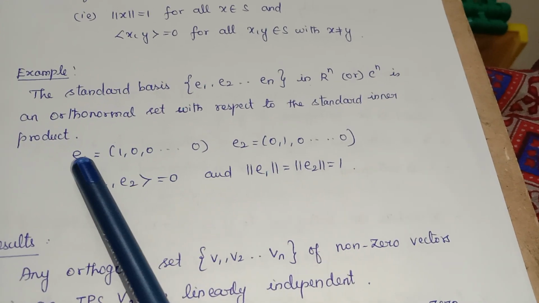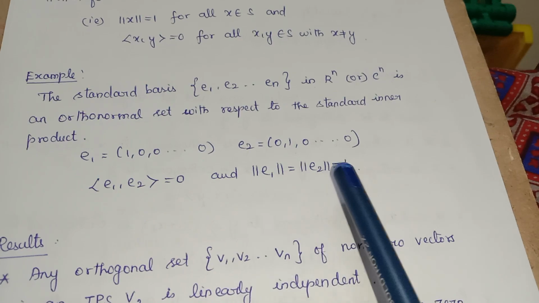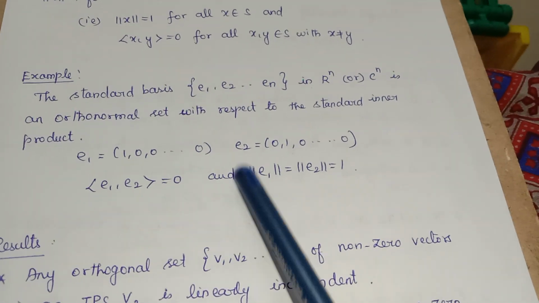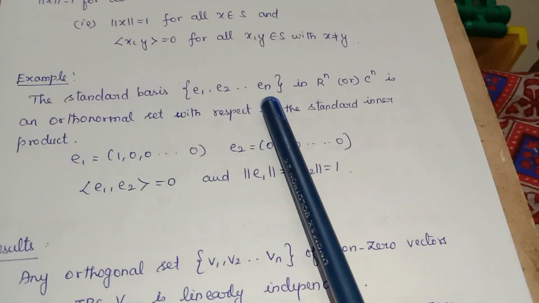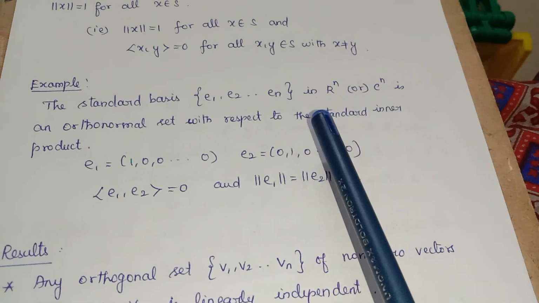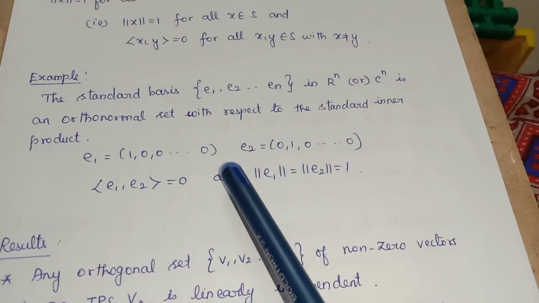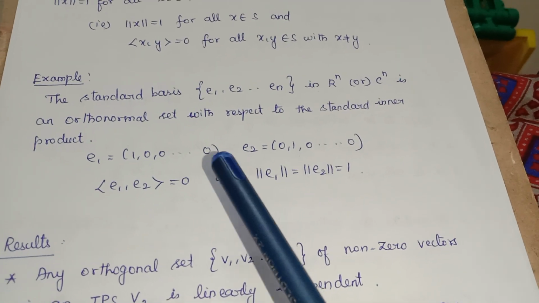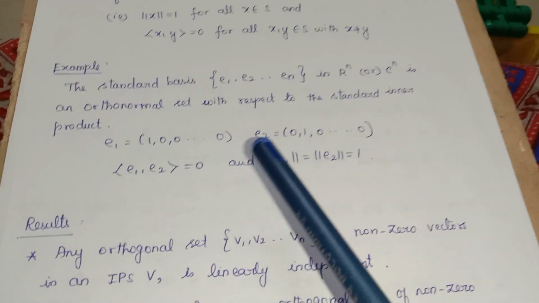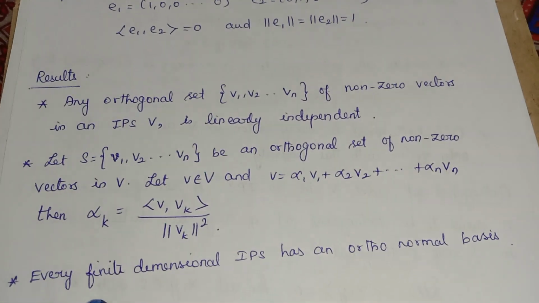And the norm of each vector is also equal to 1. Therefore, what do we conclude? The standard basis in R^n or C^n with respect to the standard inner product forms an orthonormal set. Now, let's see some results.